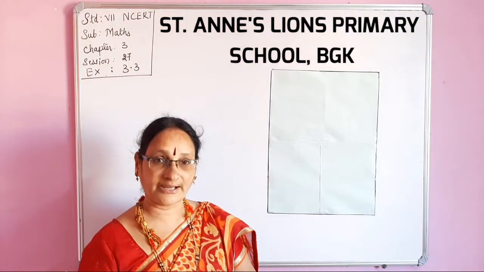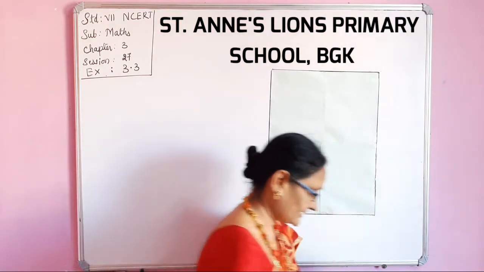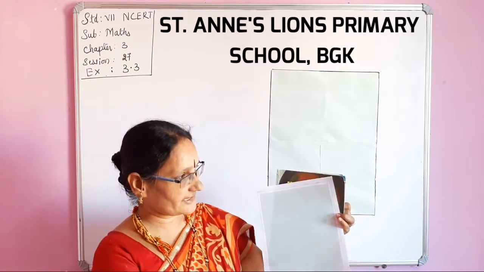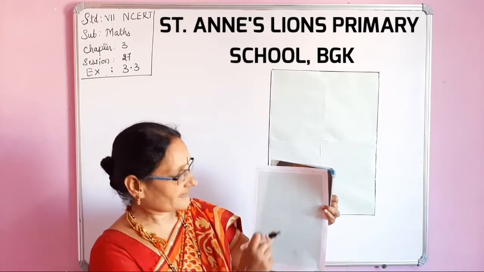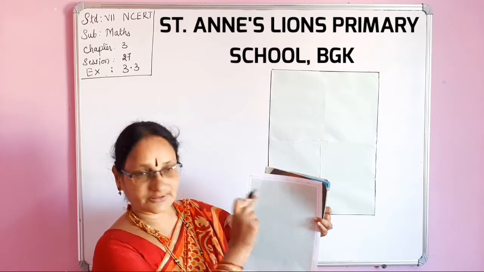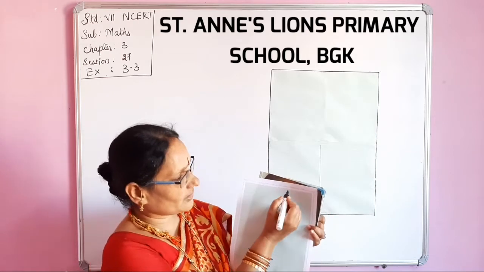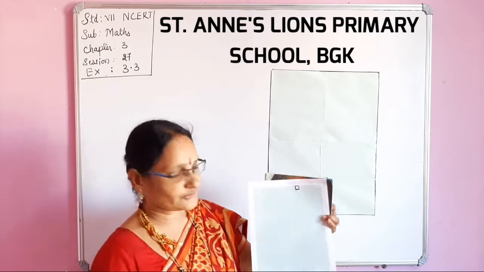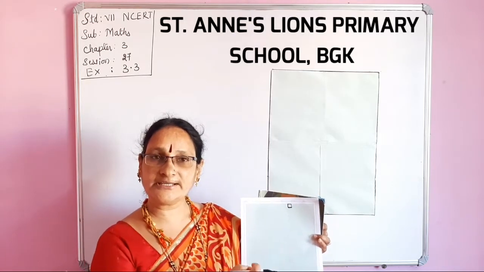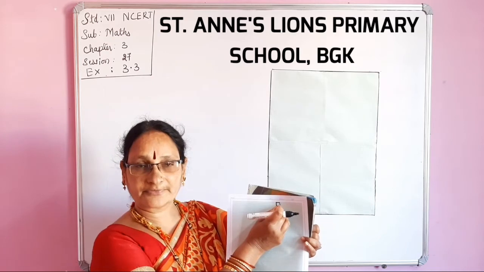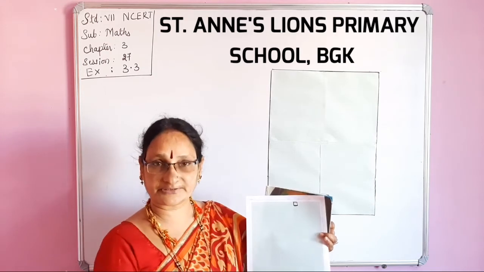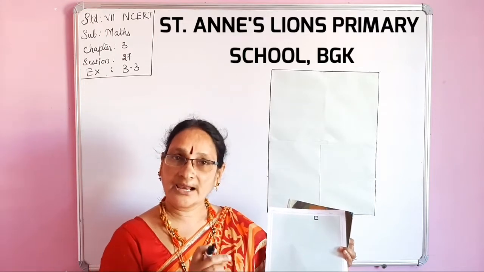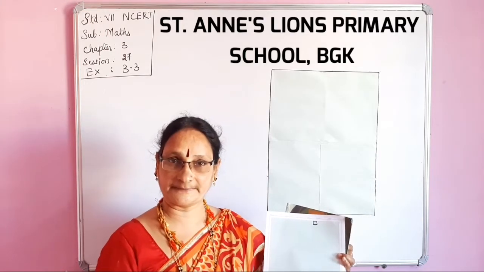Before that, see here, this is a graph sheet. In this graph sheet, each box, this is one box. Each box is 1 centimeter length and 1 centimeter breadth. And in the middle, there will be a line of half centimeter.